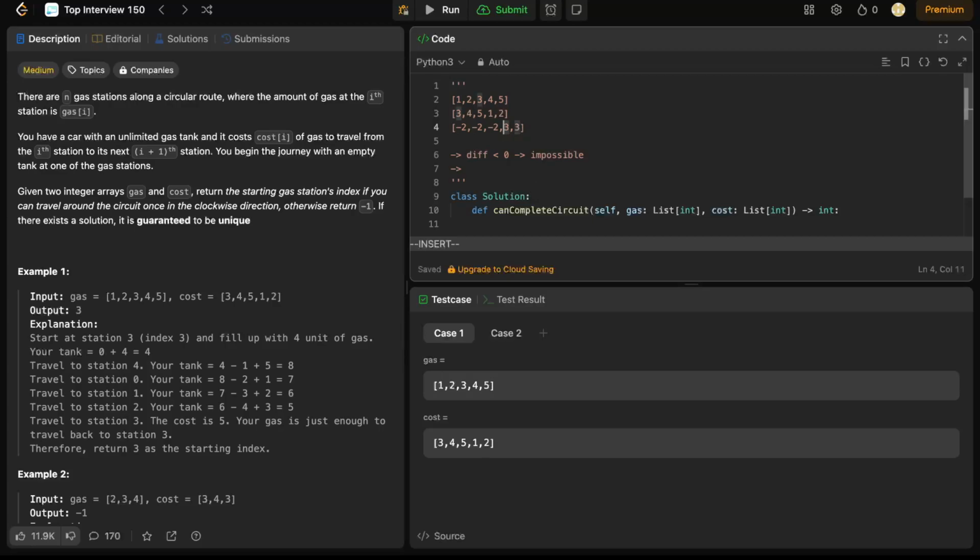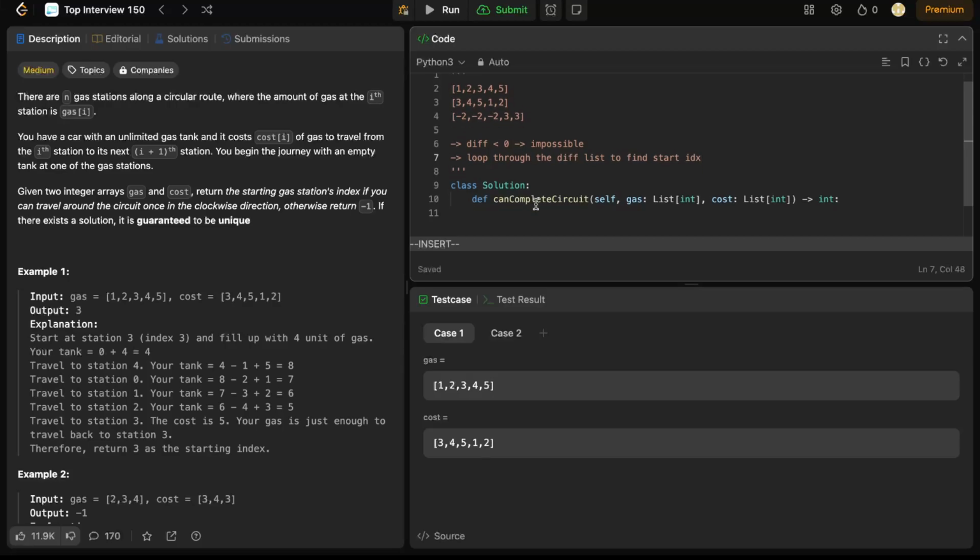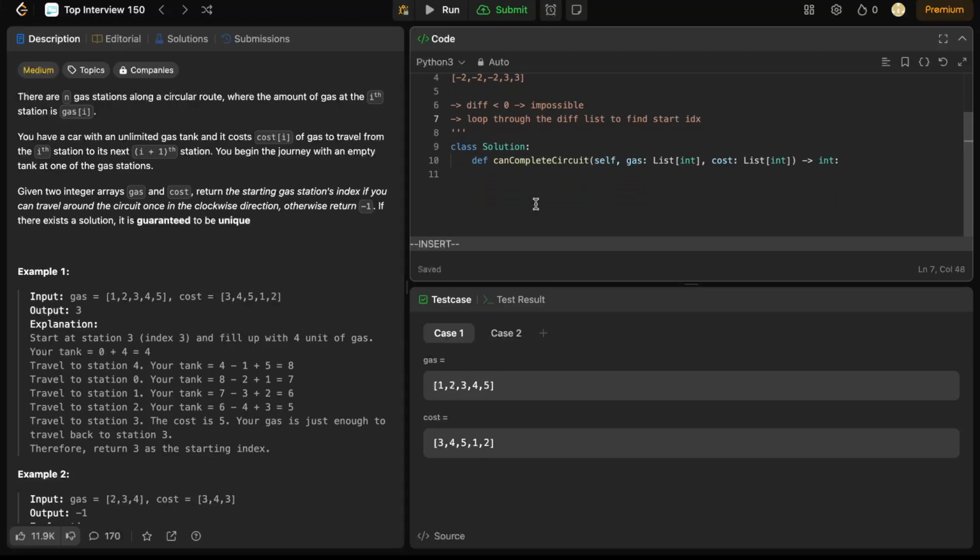So if we start at this index here, which is number 3, and we go around a loop, ensuring we subtract all the differences when we get to that index, can we still reach this index here? If we can reach this index, then it is possible. So loop through the difference list to find the start index. And if we do these two things, we should in theory get the correct starting index.